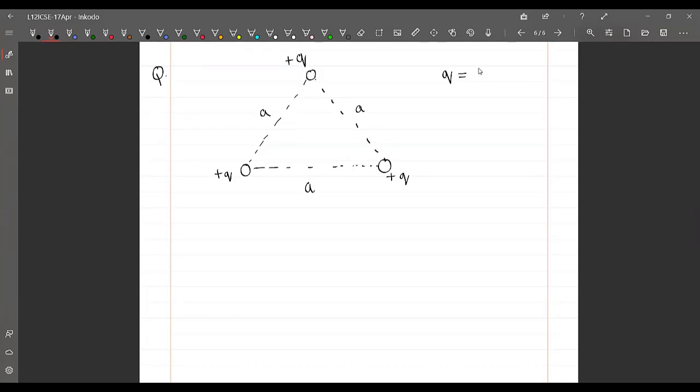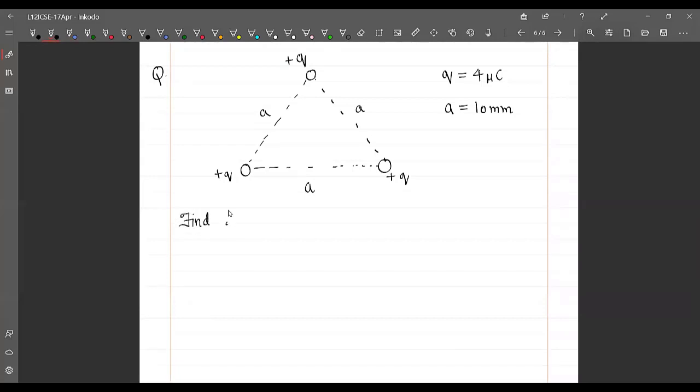Q is 4 microcoulomb, and the value of A is given as, call it, 10 millimeter. So this is the initial system.